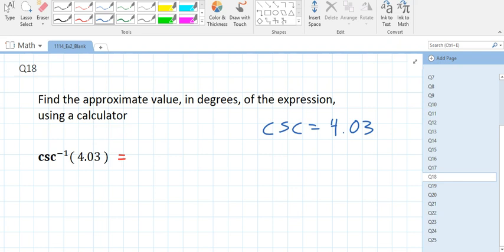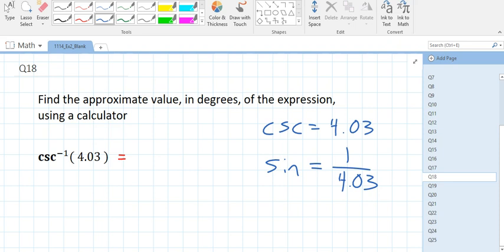But what if I said, tell me this in terms of sine? You follow me on that? So cosecant is equal to this.